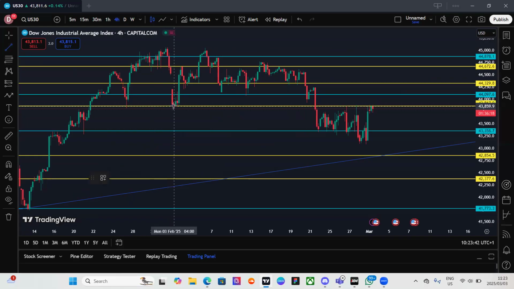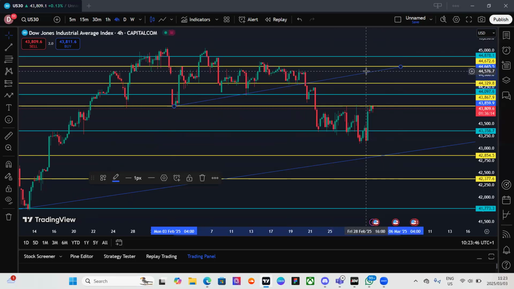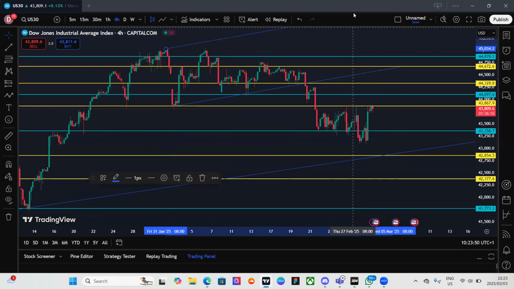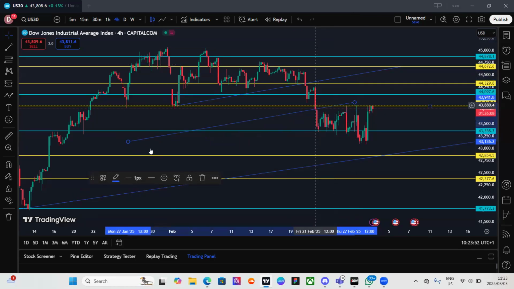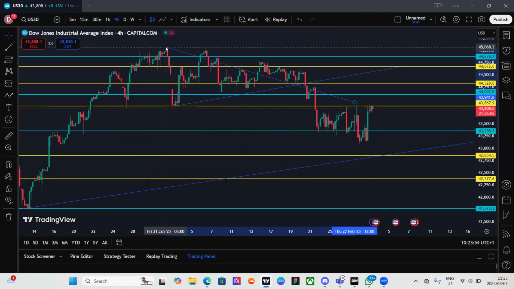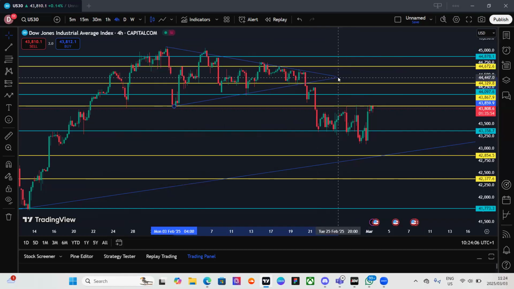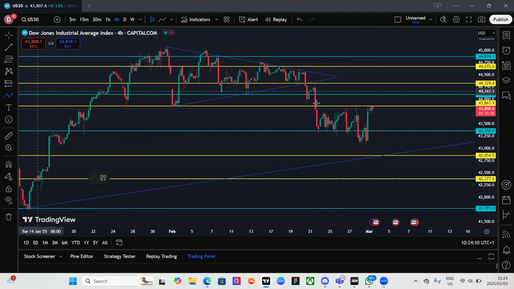There was kind of a triangular formation around this area, and we're waiting for a breakthrough to actually come back. Let me just actually do this. The triangular breakthrough. I'm going to take out my pathway.